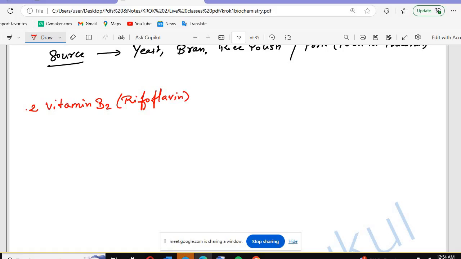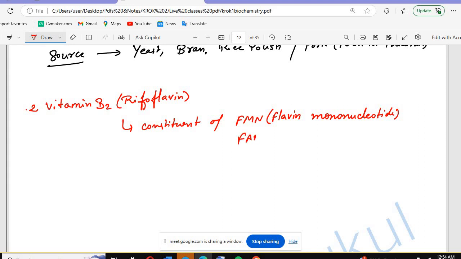Riboflavin is the constituent of flavin mononucleotide, FMN, and flavin adenine dinucleotide, FAD. These are used by the cells to transport hydrogen in the metabolic pathways.